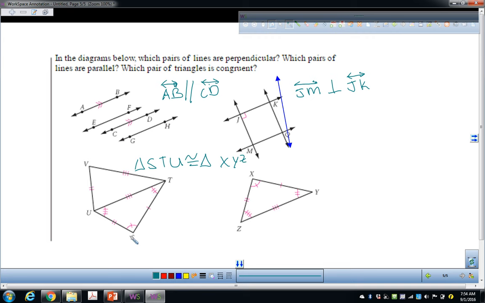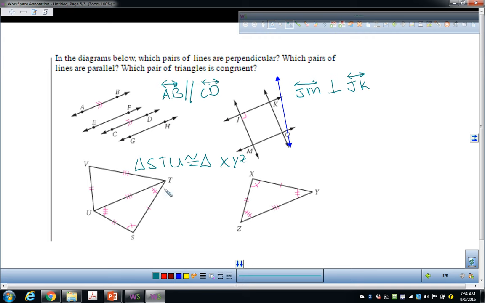And notice too that side ST has 1 mark on it, and side XY has 1 mark on it. And side TU has 3 marks on it, and side YZ has 3 marks on it. So those match up, and all 3 parts have to be congruent.